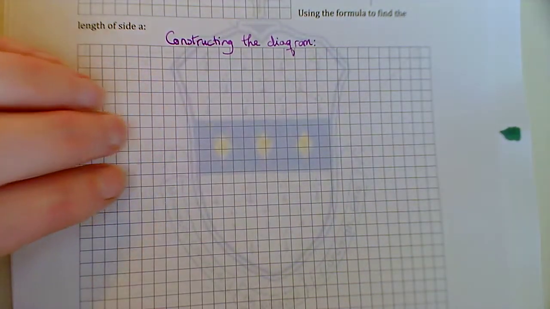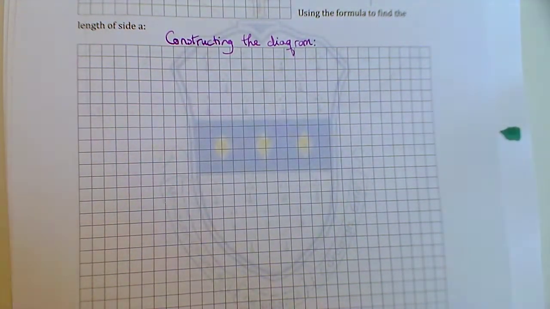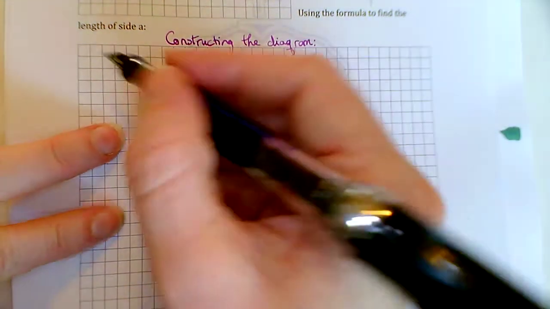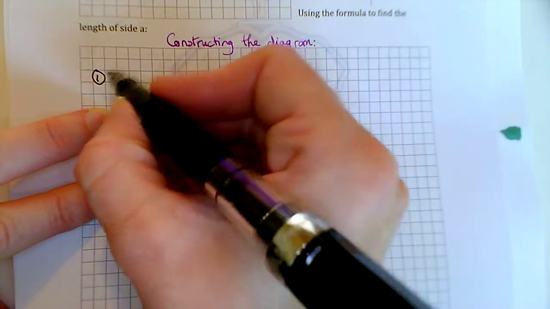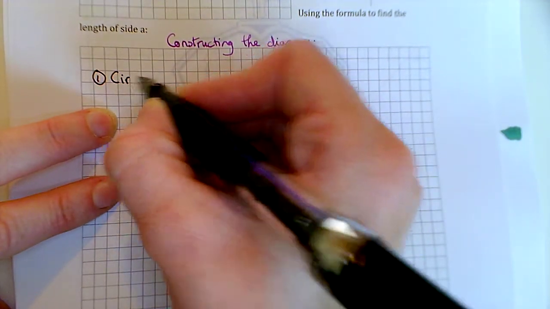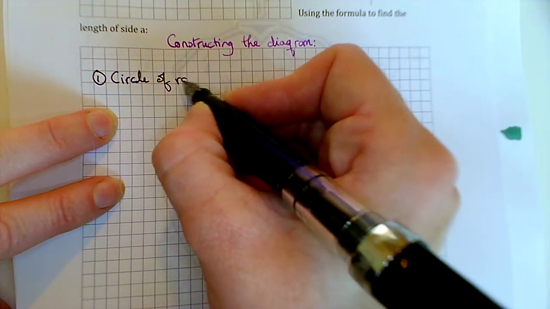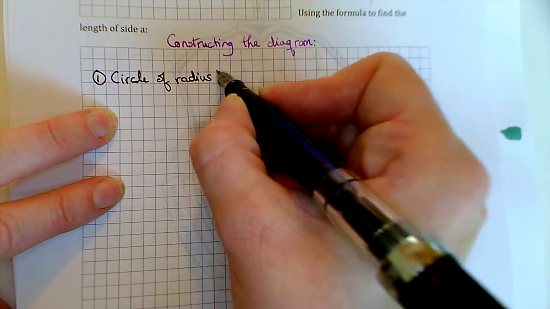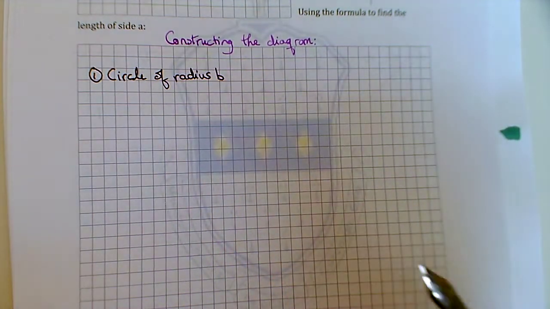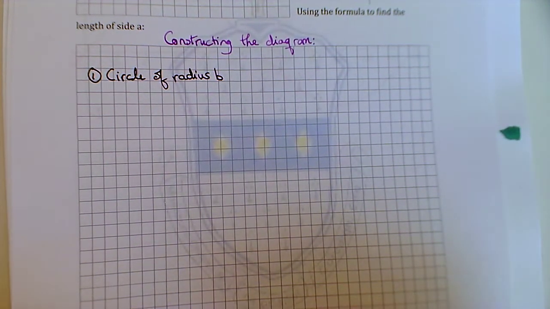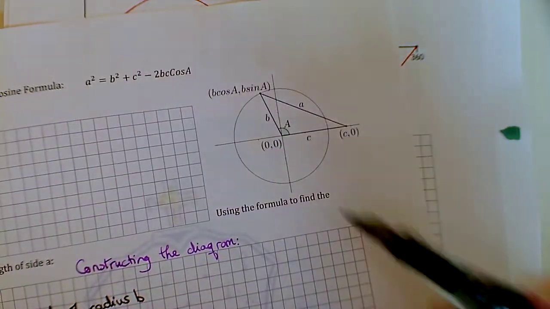Here are the steps to construct it. We want to do a circle, and the circle's radius will not be 1. It's not a unit circle this time. So a circle of radius b. Okay, the important thing here is that the radius of my circle would be one of the known sides.